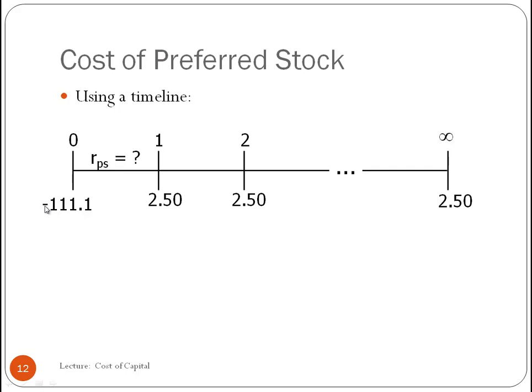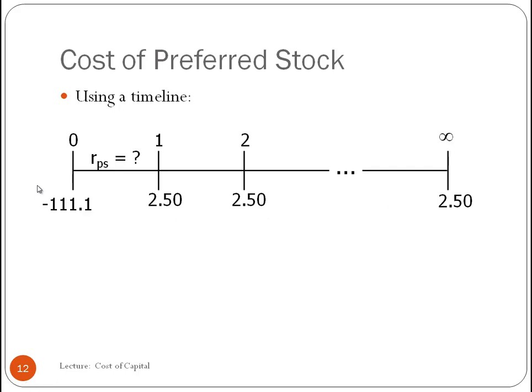We set it up just like a regular valuation of a timeline, where the present value we enter as a negative. And then every quarter $2.50 is paid out.